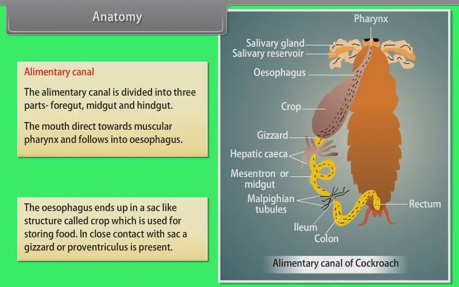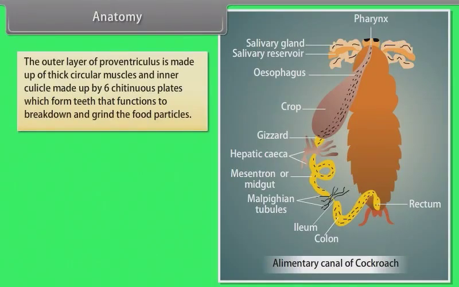In close contact with the sac, a gizzard or proventriculus is present. The outer layer of the proventriculus is made up of thick circular muscles and an inner cuticle made up of 6 chitinous plates, which form teeth that function to break down and grind the food particles.